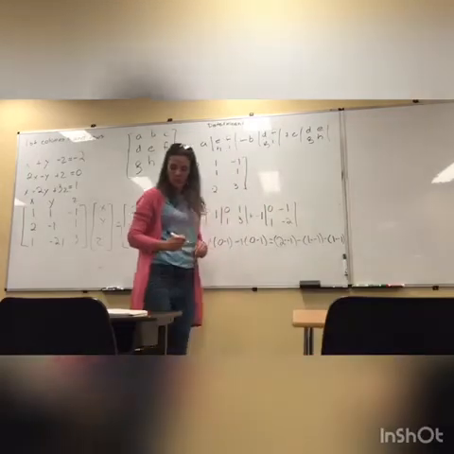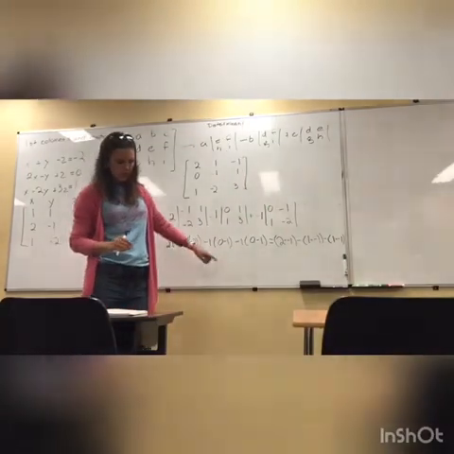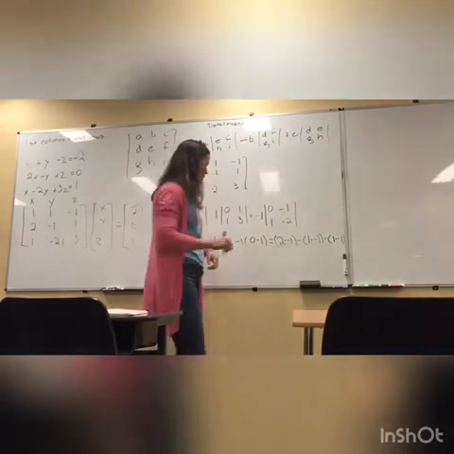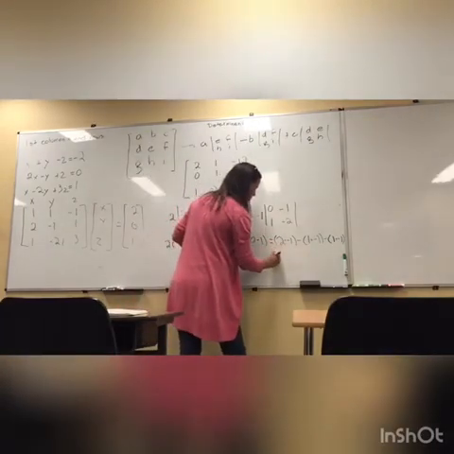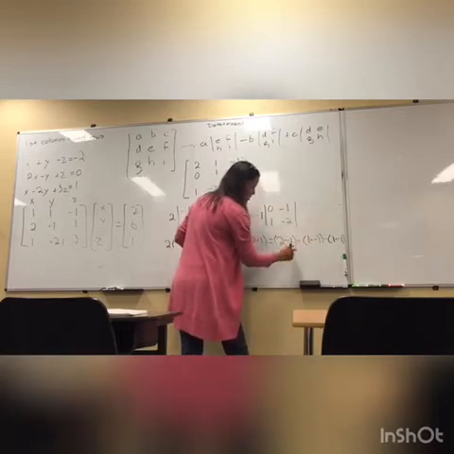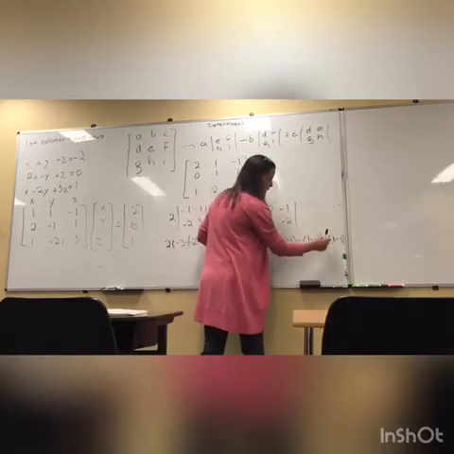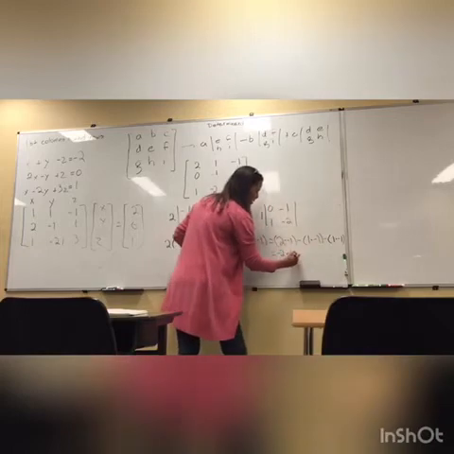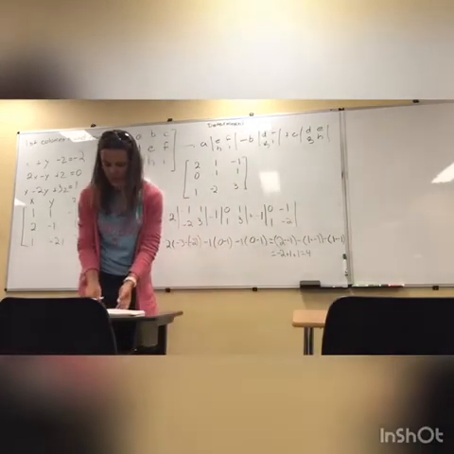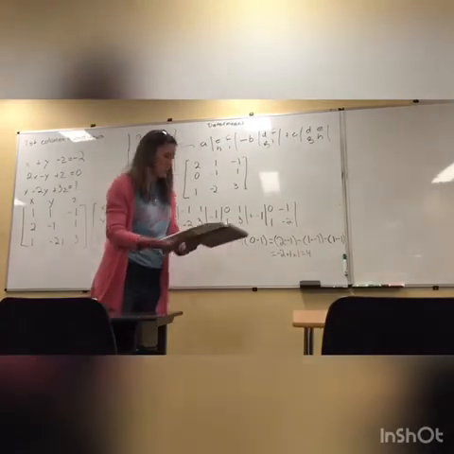Okay, let me check those numbers. 2 times -1 is -2. 1 times -1 is -1, you're subtracting a negative, so you're adding it. 1 times -1, again, you're adding. So we should get 4, but I don't think that's what I got. I got 2. So let's just make sure my math is right.